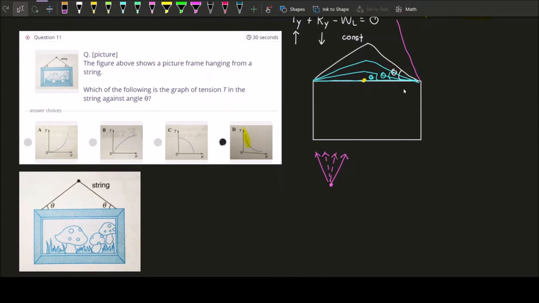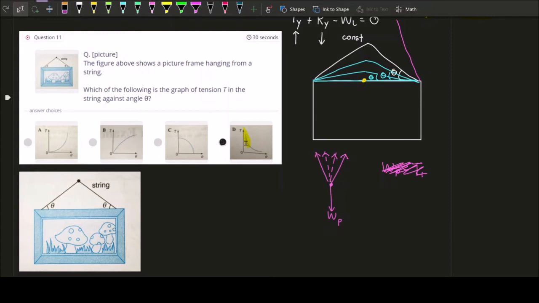So the weight of the picture minus tension 1, you don't need to care about the equation, but you know that the length of this tension here will get shorter and shorter if you are approaching the y-axis.